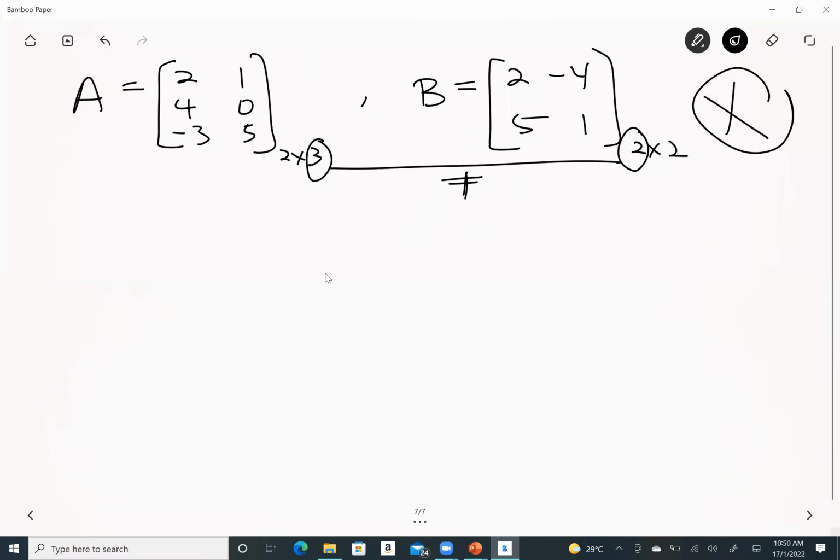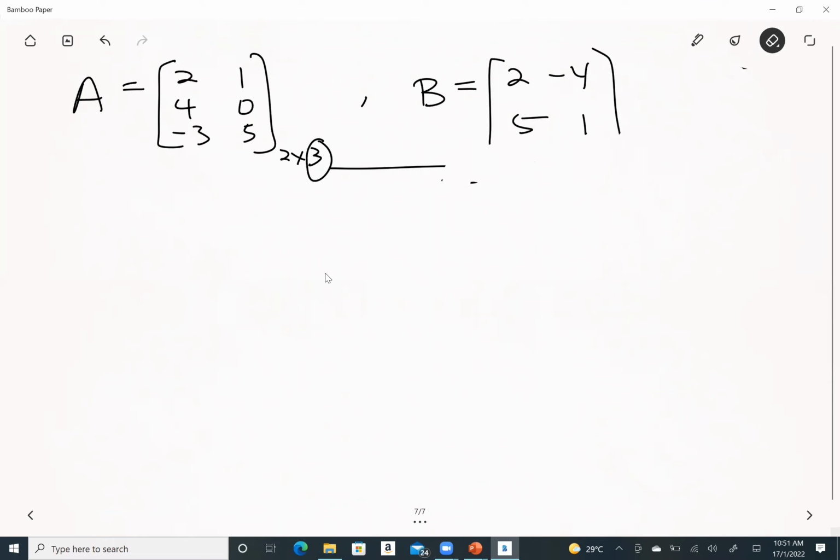So in order for you to be able to multiply, matrix B should be made of 3 rows. So kita buatlah row lagi satu, baru boleh multiply.